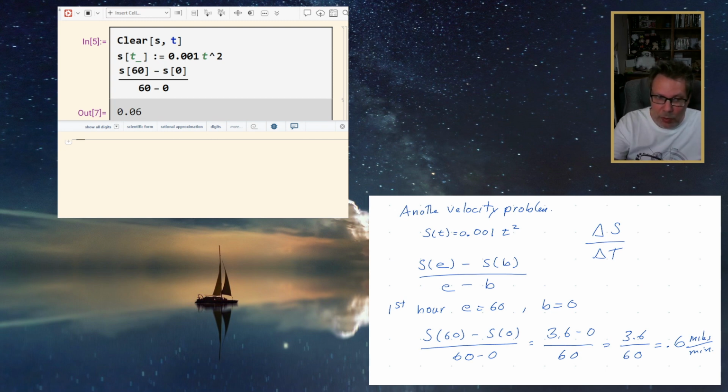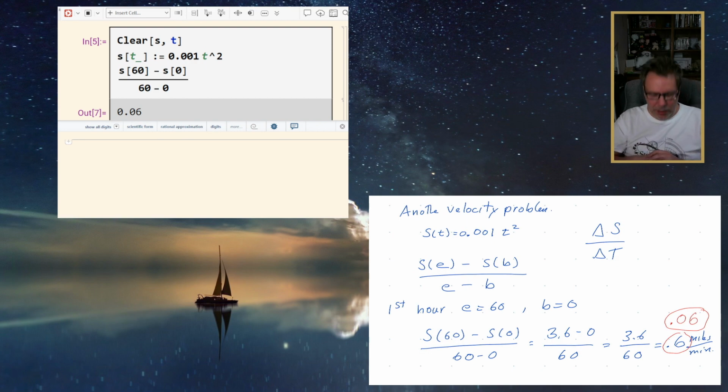It's 0.06. I'm glad I did this in Mathematica here. That is a very useful thing Mathematica can do for us: it can show us some of our little mental calculation mistakes.